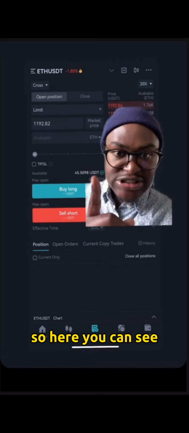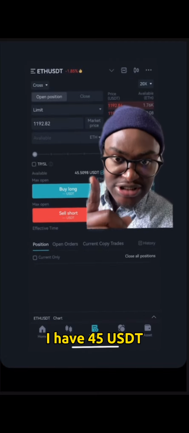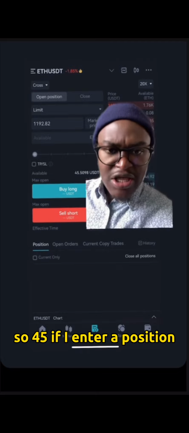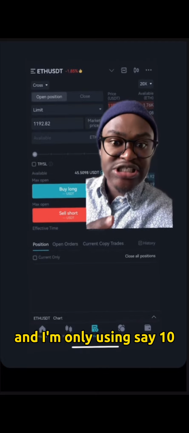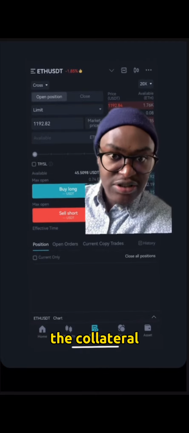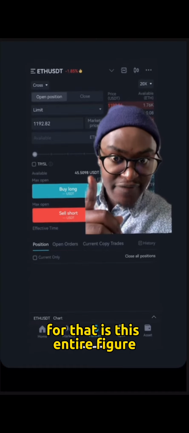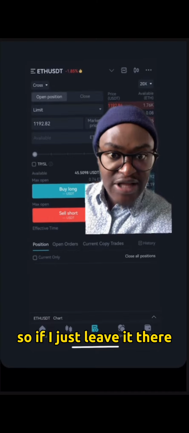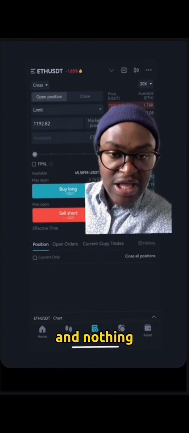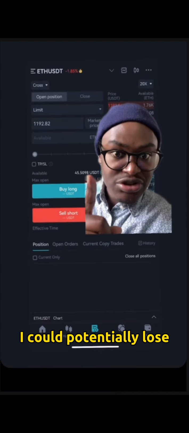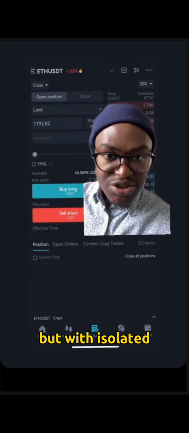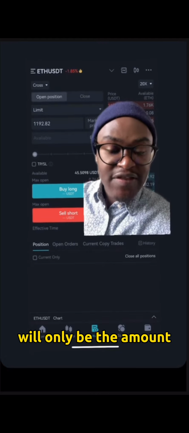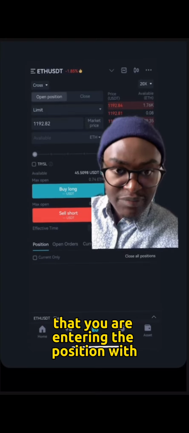So here you can see I have 45 USDT, so $45. If I enter a position and I'm only using say $10, the collateral for that is this entire figure, not only the $10. So if I just leave it there with no stop loss and nothing, I could potentially lose all of this. But with isolated, the collateral will only be the amount that you are entering the position with.